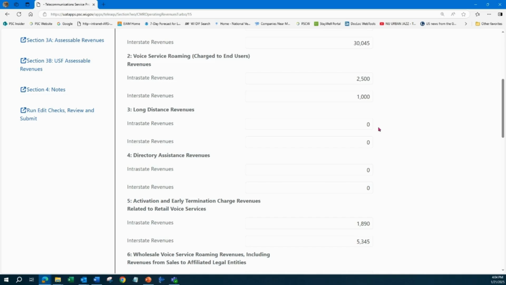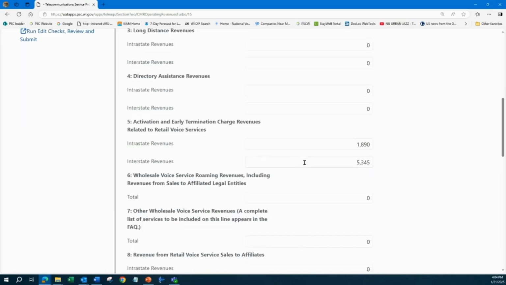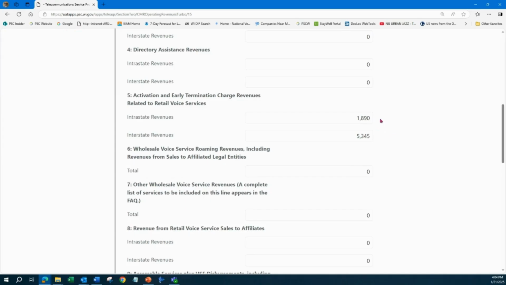There's no long distance charges, so there's no separate long distance revenue. So we enter 0. You can't leave a line blank. The system will ask for an answer, but 0 is always an appropriate answer. Same with directory assistance. Early termination revenues, again, I've entered a small number here. It's also allocated between interstate and intrastate.